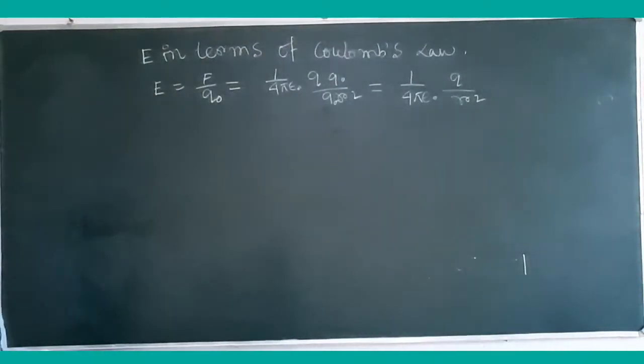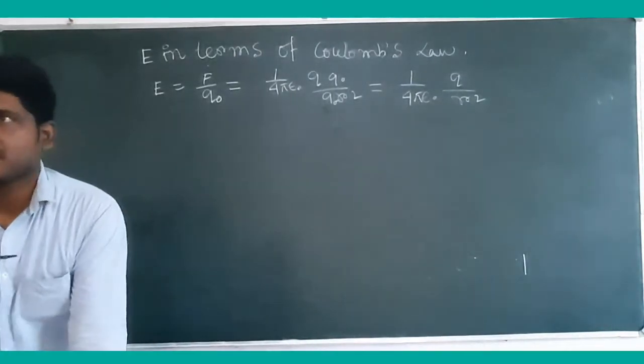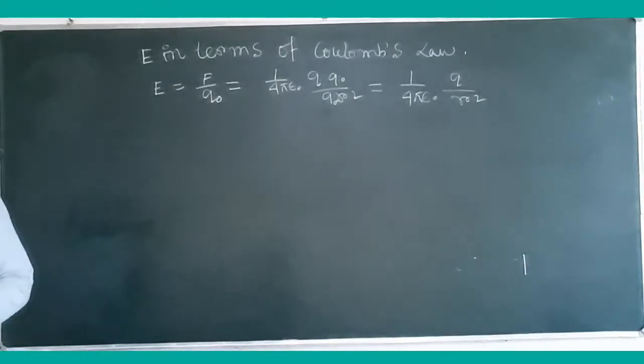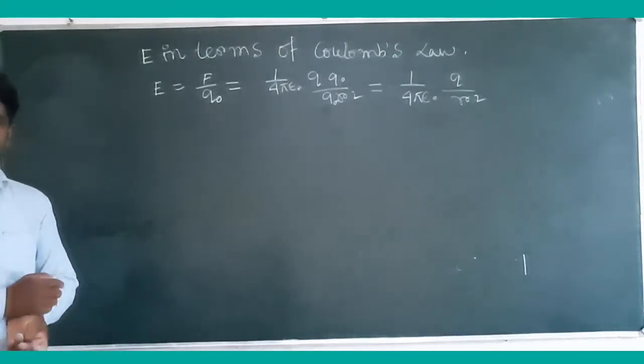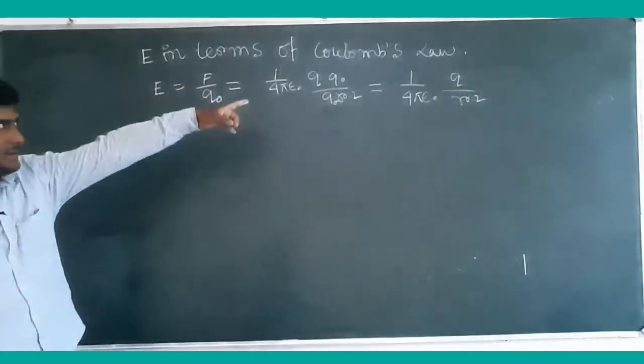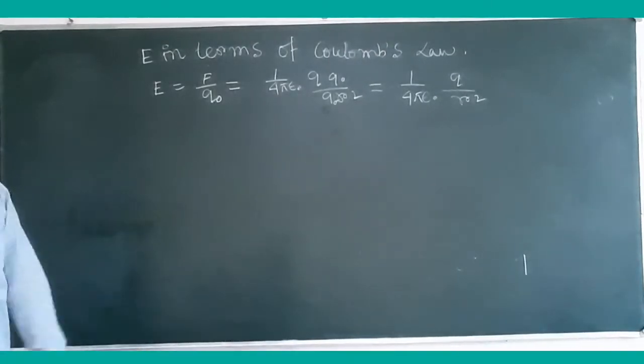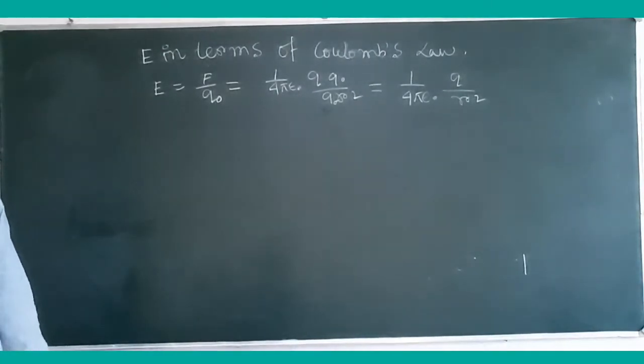Now, as we found the expression of Coulomb's law in terms of different charge density, similarly we can use that expression here and we can obtain the expression of electric field in terms of different charge density. Okay.